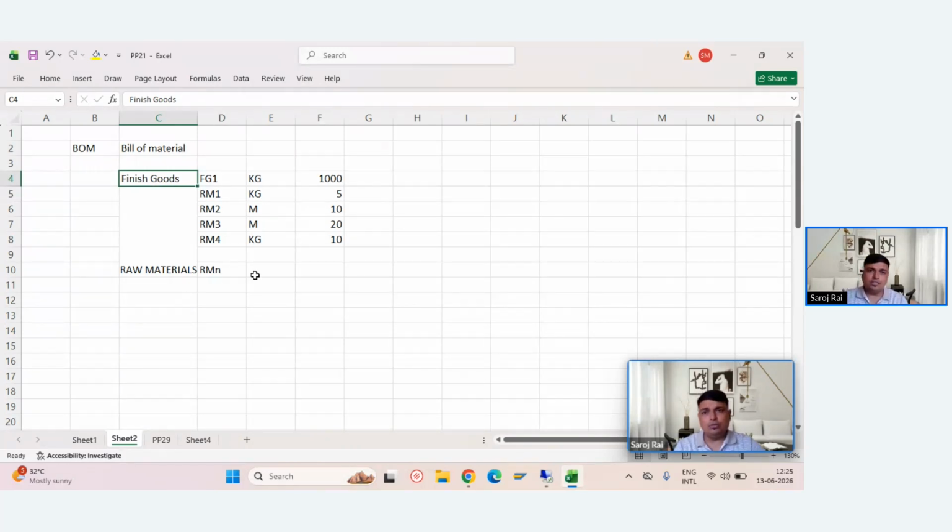If I want to produce FG1 in 1,000 kg, the required raw materials, suppose, RM1 will be 5 kg, then 10 meter, 20 meter, 10 meter. Those proportions are nothing but the bill of material. This is the base unit of measure to produce my FG code, and it may be FG or SFG, what we are doing in production. Okay, I think you got the point.